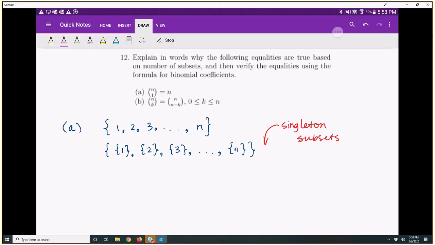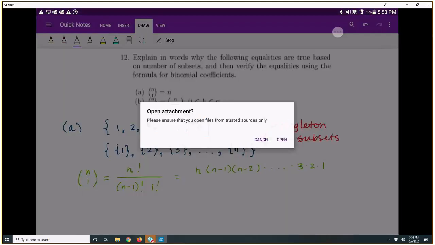Now, verifying it using the formula for binomial coefficients, remember that that formula was n choose 1 is equal to n factorial over n minus 1 factorial times 1 factorial. And this ends up being n times n minus 1 times n minus 2, multiplying together all the numbers until I get to 3, 2, 1.